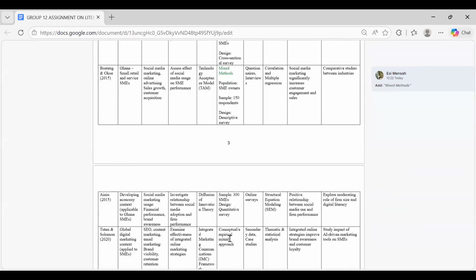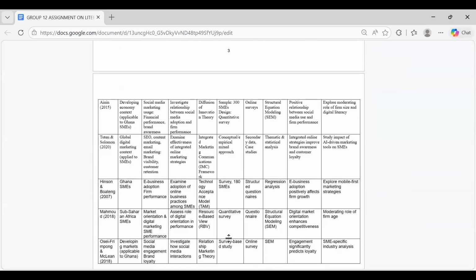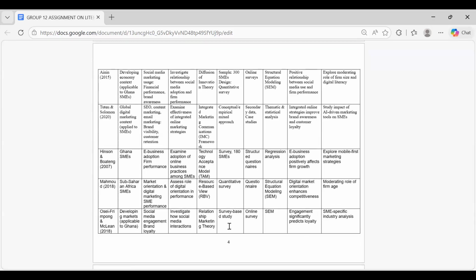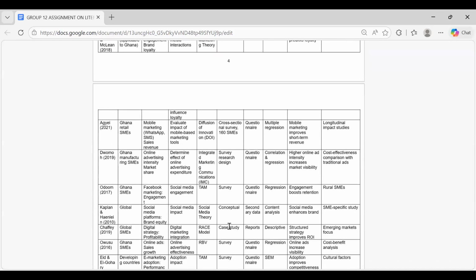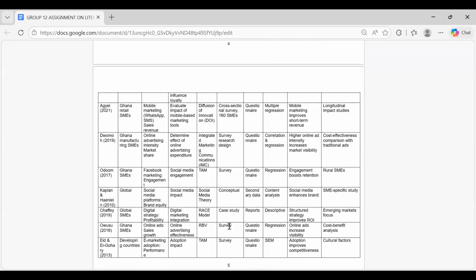Right now we have 1 quanti, 1 mixed, 2 quanti. This is conceptual, doesn't count. 3 quanti, 4 quanti. This is also quanti, so 5 quanti. Survey questionnaire, 6 quanti, 7, 8, 9, 10 quanti.